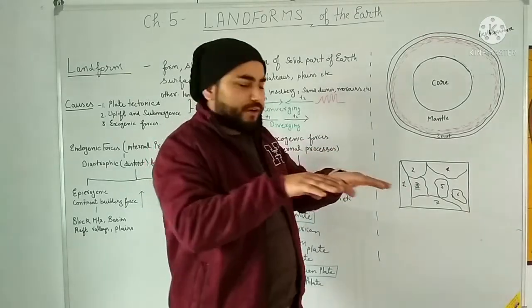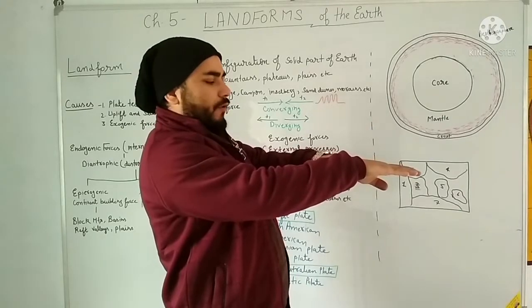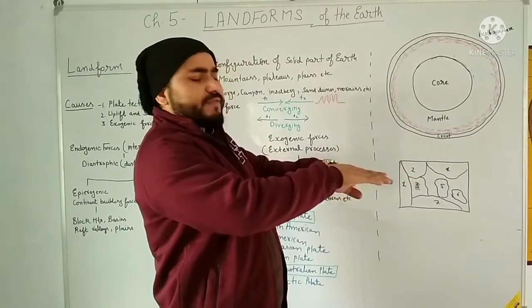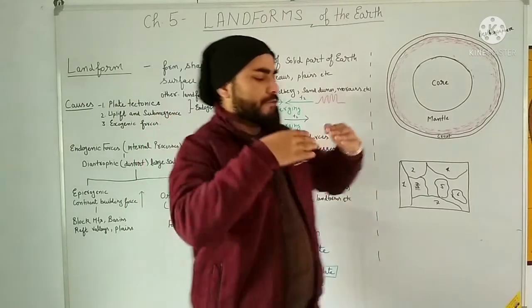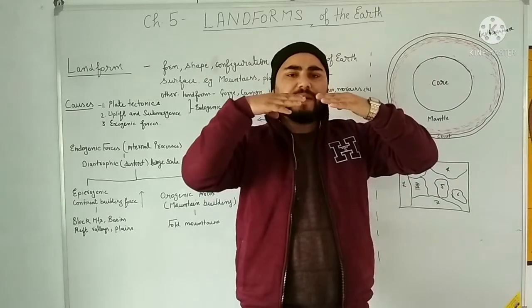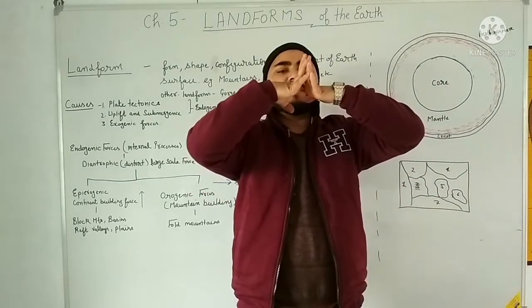If two tectonic plates, T1 and T2, are sliding past each other, major earthquakes will take place and destruction will take place. If they are moving towards each other, earthquakes may also take place, folding will take place, and mountains will be created.